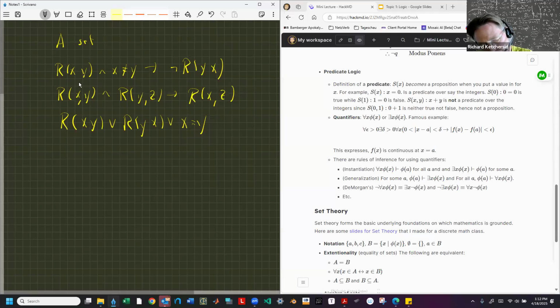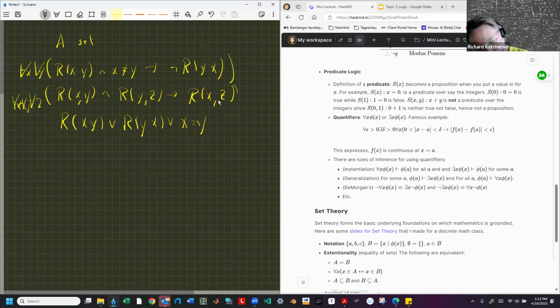One thing I'm doing here is writing these x's and y's without saying exactly what they are. That's because when we write stuff like this in math, we're implicitly saying for all x, for all y. And same here, for all x, for all y, for all z.